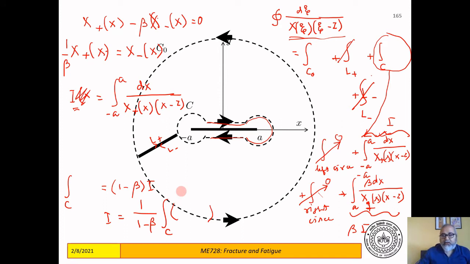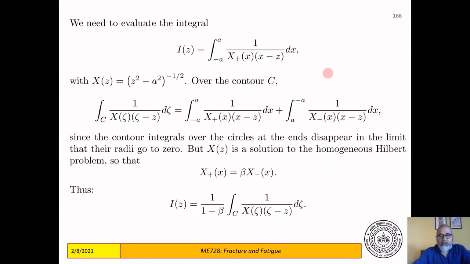That is, I still have to evaluate the integral over C naught as the radius of this circle tends to infinity. So I'll have to evaluate this still. So this is the result that I have got. So the I that I want to evaluate is 1 minus beta times this.